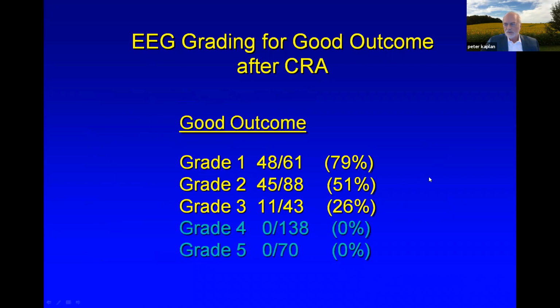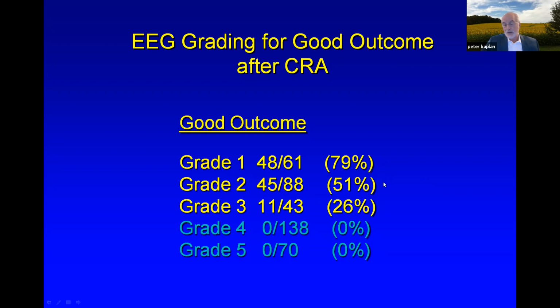So in this study by Scollo-Lavizzari, as you can see with the numbers of patients, the grades that you saw before, 1, 2, 3, 4, and 5, even with mostly alpha, if you are in coma for more than 6 hours after anoxia, then really about 80% had a good prognosis, but clearly 21% didn't, even though they had alpha.